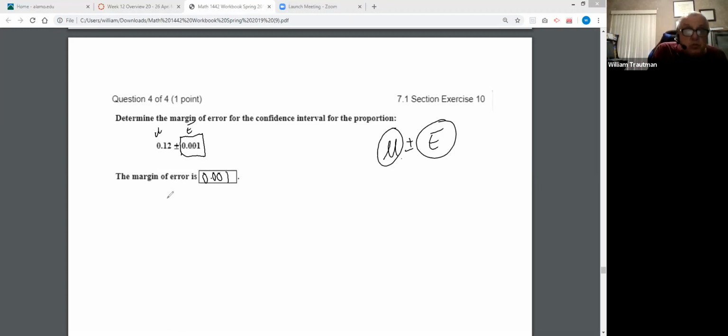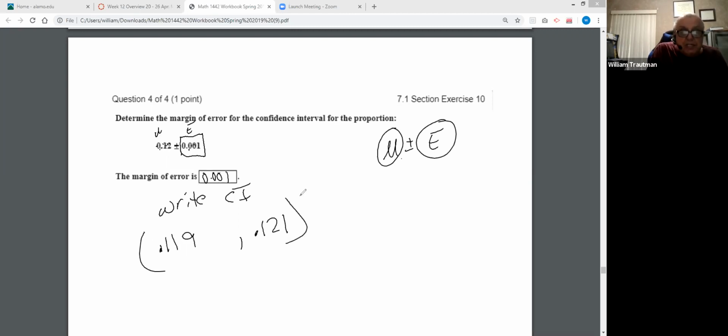Now, let's also write the confidence interval. It's 0.12 plus 0.001, which I get 0.121. And if I do 0.12 minus 0.001, I get 0.119.